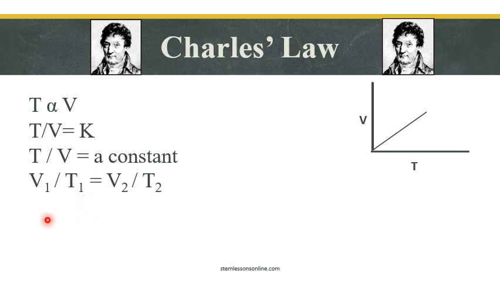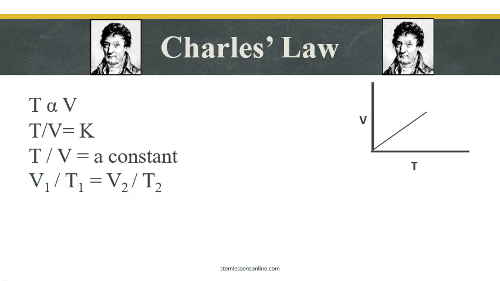So V1 over T1 equals V2 over T2 is the relation for comparing two gases at the same pressure. So here the pressure is constant. That's the formula we will be using. In this one also you can find it in your reference material.